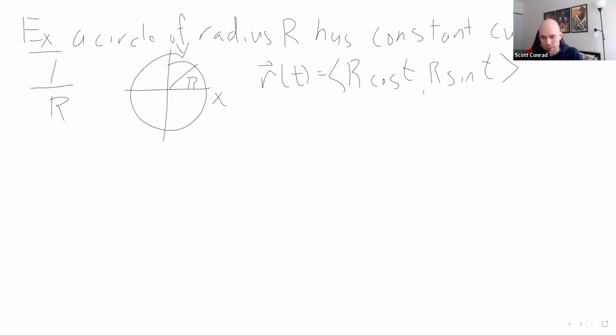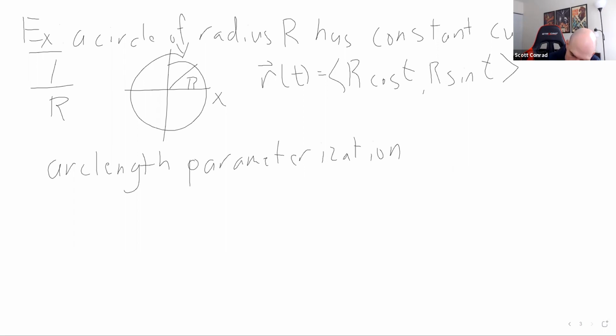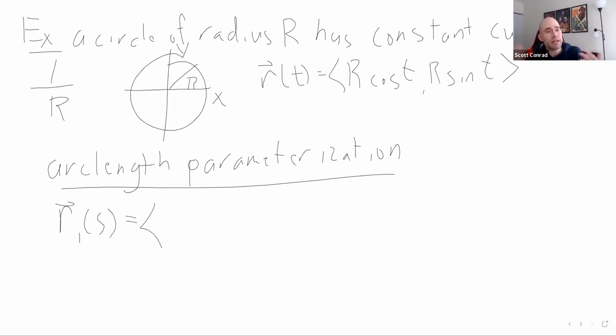But this is not the arc length parameterization. If you take the magnitude of r prime of t, you'll see that we actually get R, and what we want is 1. I'm not going to go through this process again. We did an example of this yesterday. But in fact, to get the arc length parameterization, I'll call this R1 of s. Instead of t, we replace it with s over capital R.